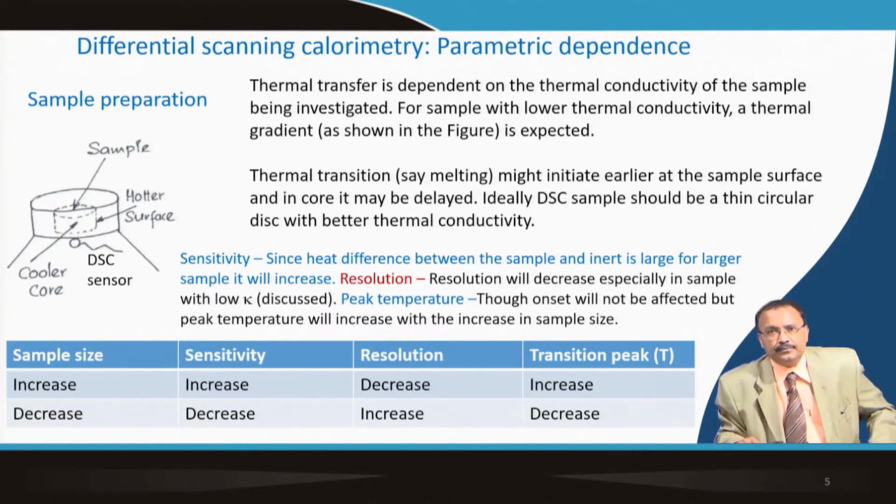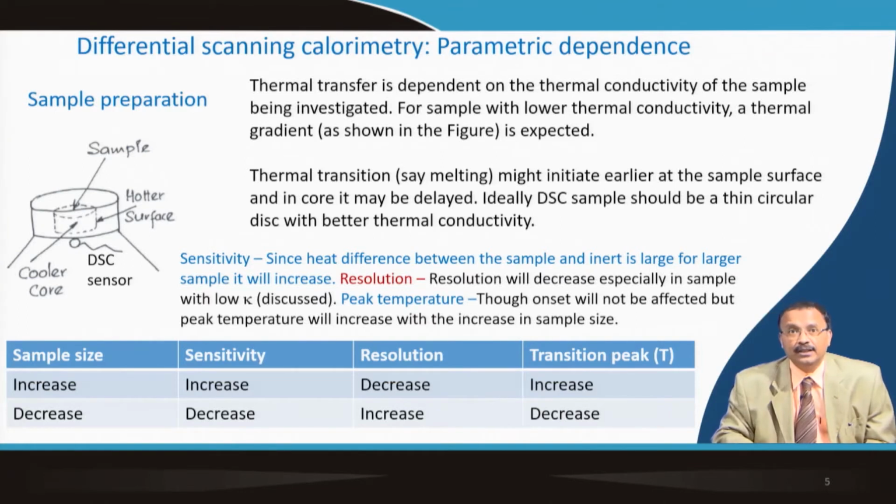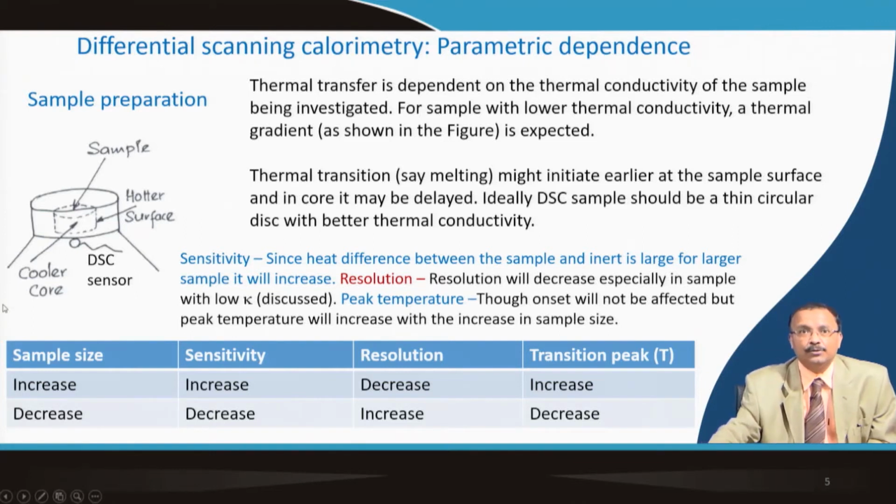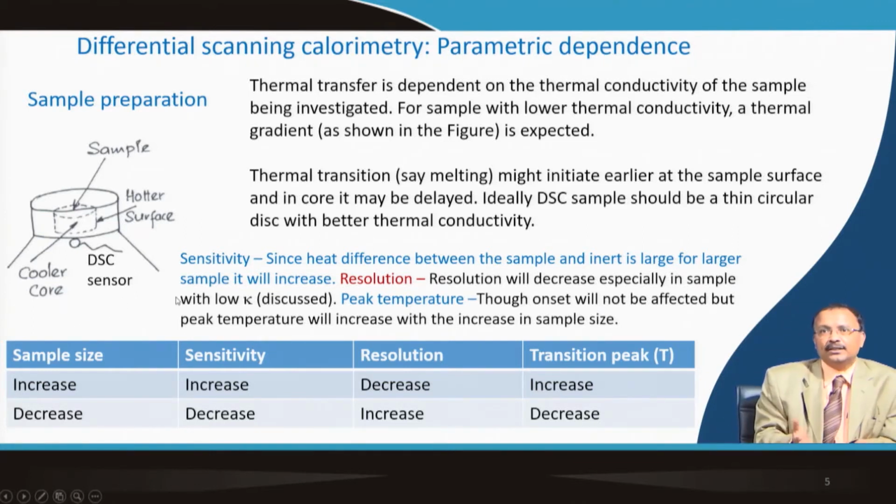Now, you can think of parameters like sensitivity, resolution of the measurement, transition peak, etc., and how they depend on the sample size. First, let us talk about sensitivity. The heat difference between the sample and inert is large for a larger sample, so of course sensitivity will increase.